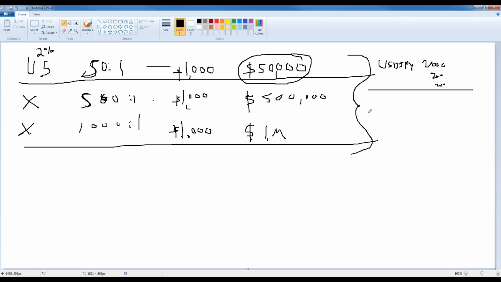However, on a 50 to 1 leverage, you're taking $2,000, and it's worth $100,000 in trading. You have $200, it's equal to $10,000 worth of leverage, and $20 is equal to $1,000. But that's 50 to 1, and that's 2%.